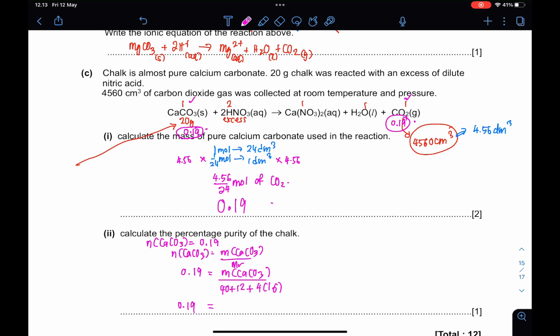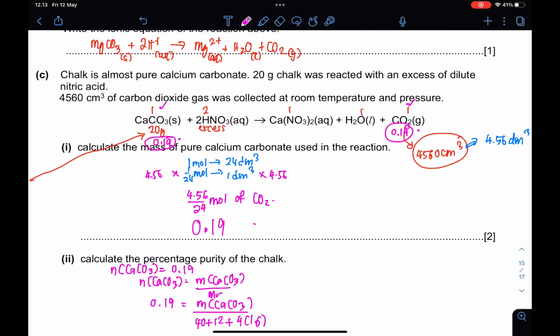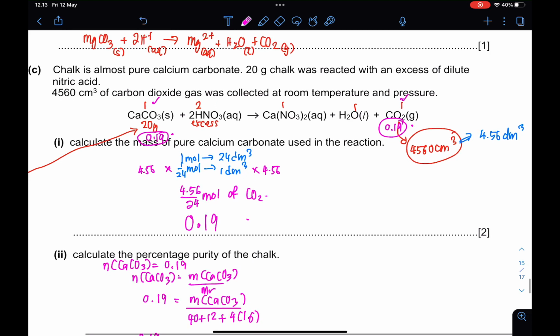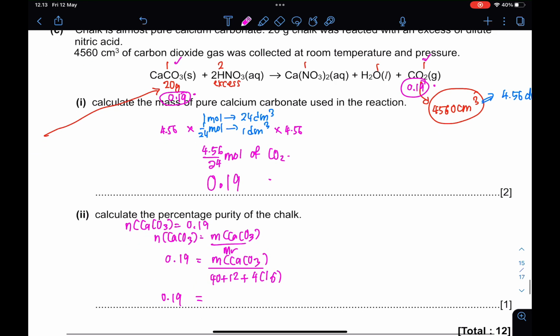Number of moles is 0.19, and then I need to find the mass. Okay, hold on, I'm writing in the wrong place.